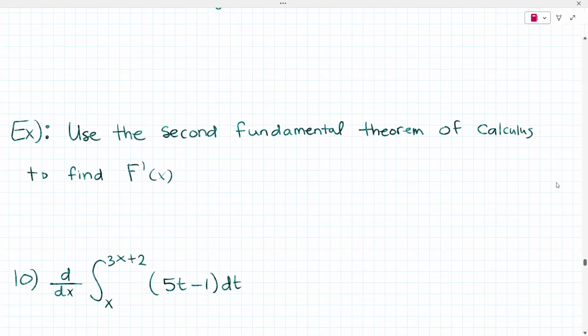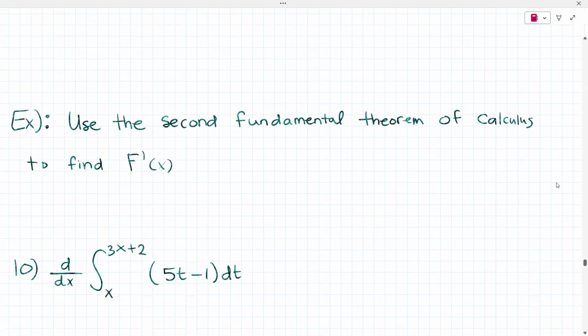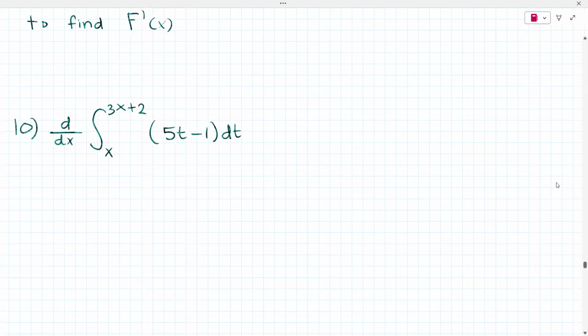Okay, so let's do an example. It says use the second fundamental theorem of calculus to find f prime of x. So number 10, we have d over dx of the integral with lower boundary x and upper boundary 3x plus 2 of 5t minus 1 dt. Well, what do we know?